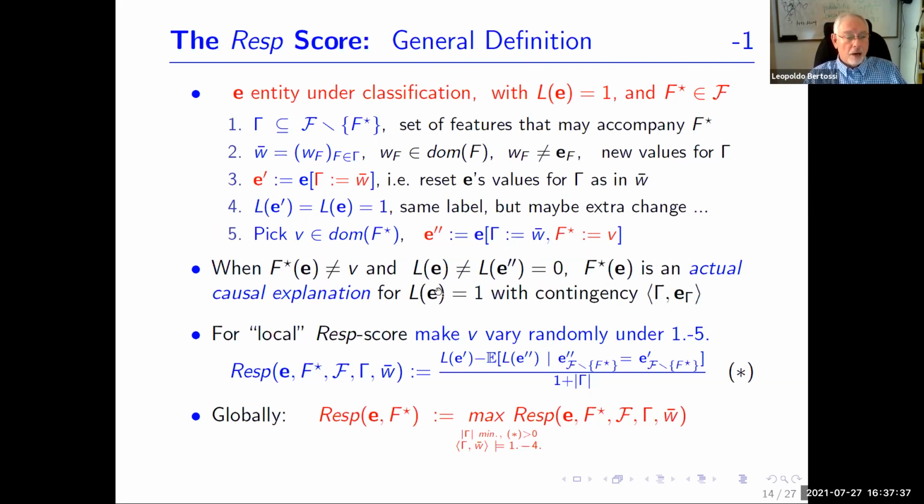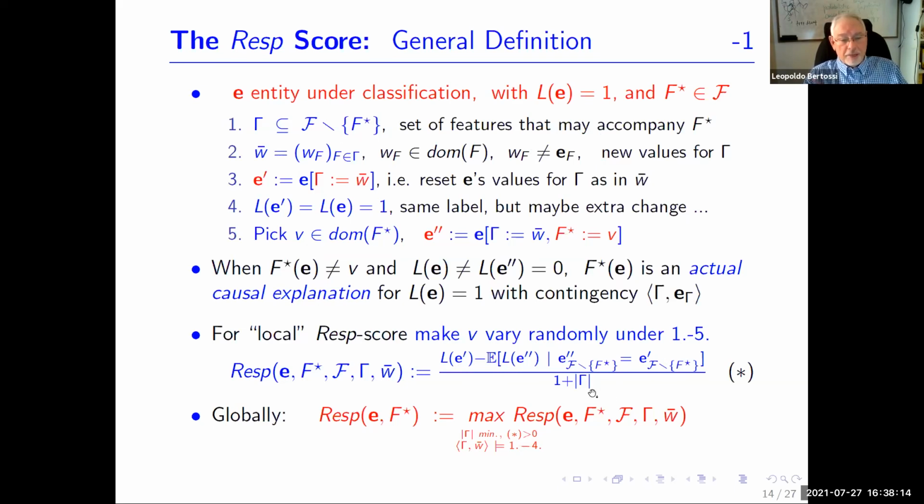Now we basically change all the possible values for X, with this fixed gamma. So the responsibility, which depends on W and gamma, is going to be basically the same as I had before: the difference between the label for E prime, which is 1 over here, minus this expected value that I considered before, over 1 plus the size of the contingency set gamma.